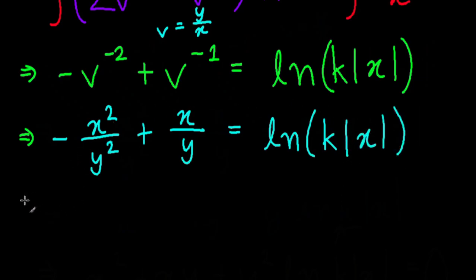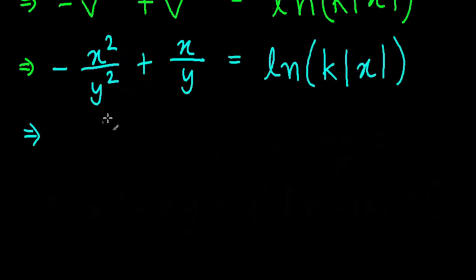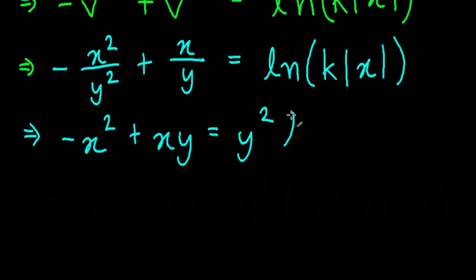All right, now we do have our solution. This is a valid solution to the differential equation. Just to beautify this a bit, we can multiply both sides by y squared. So we're going to have negative x squared plus xy equal to y squared natural log of k multiplied by the absolute value of x.